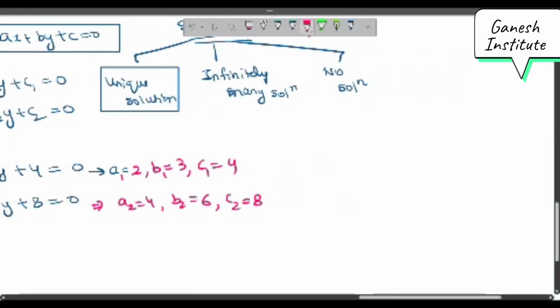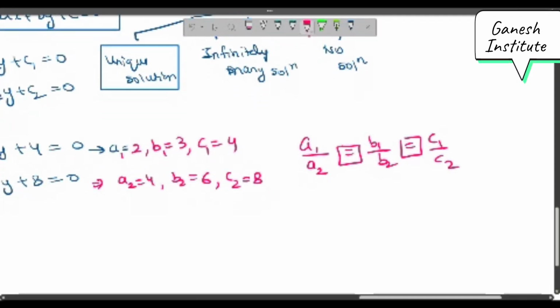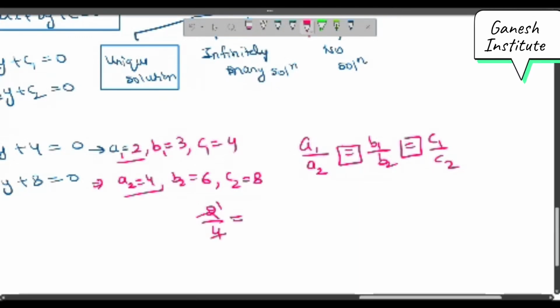Okay. So now what you're supposed to do, you just take the fraction of these, you divide them and see whether they are coming out as equal or not. So for example, if you do A1 by A2, that is 2 by 4. So this becomes 2 ones are 2, 2 twos are 4, so 1 over 2.